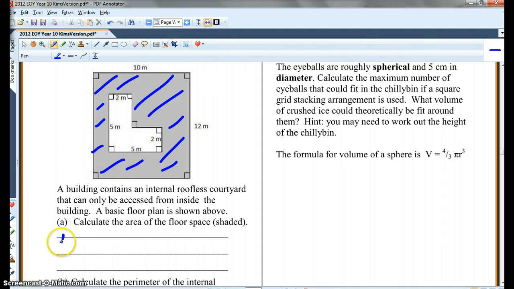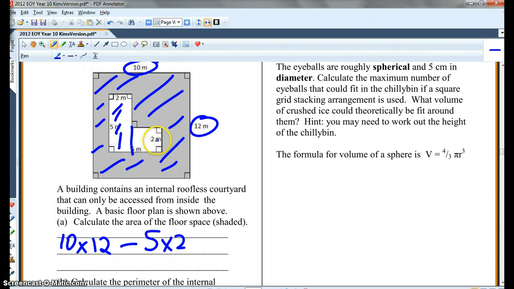Okay, so I'm going to go 10 meters times 12 meters minus, I'm going to chop this into 2 pieces. 5 times 2, which is this bit here, and then that's 2, so that's going to be 3, because 2 plus 3 is 5. It does say 5, doesn't it? Oops. Yes.